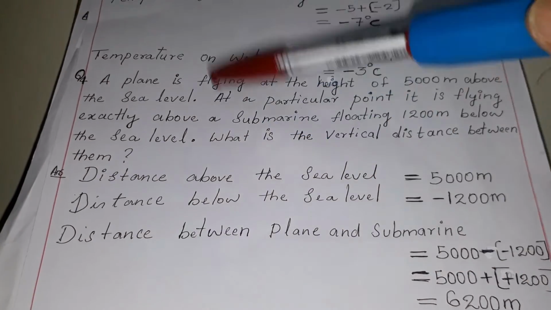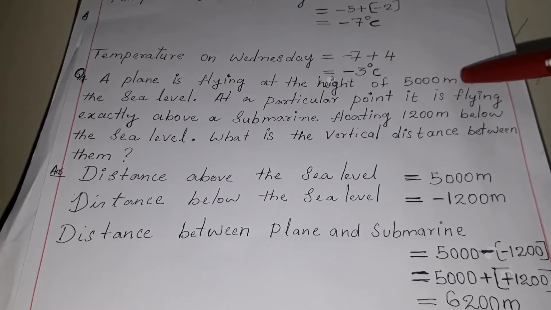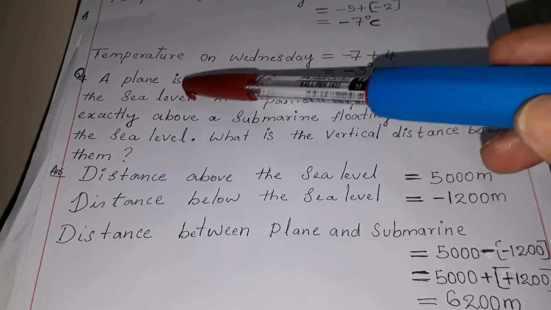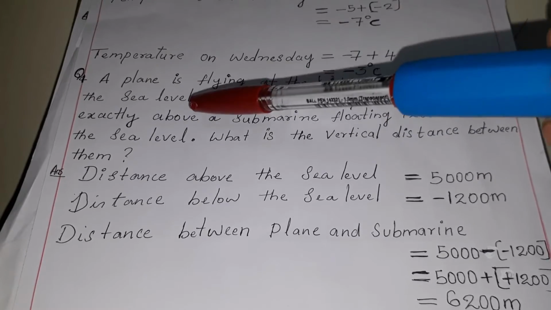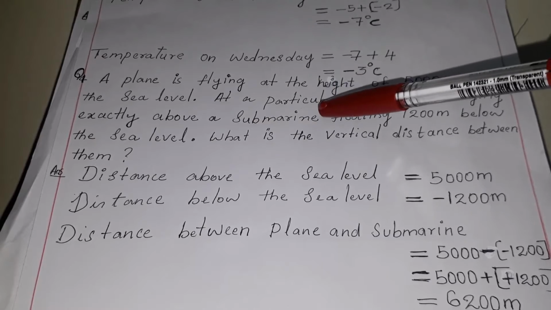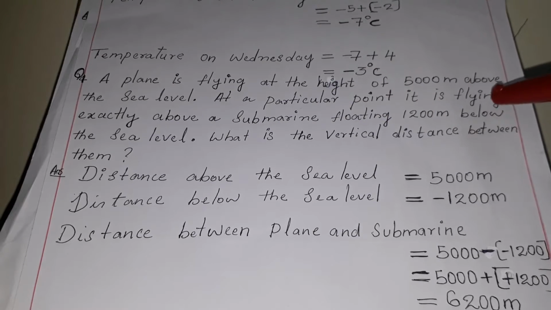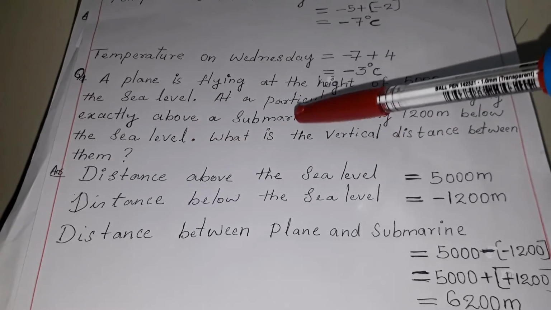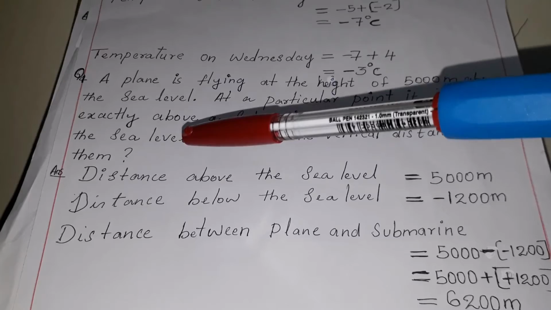Question number 4. A plane is flying at the height of 5000 meters above the sea level. At a particular point, it is flying exactly above a submarine floating 1200 meters below the sea level. What is the vertical distance between them?